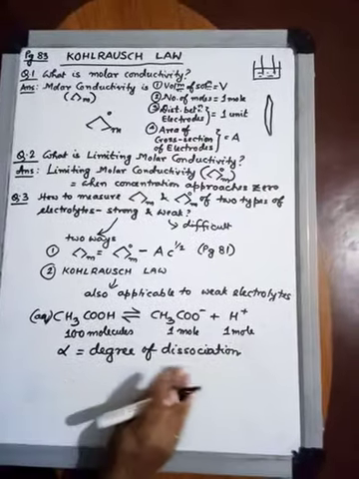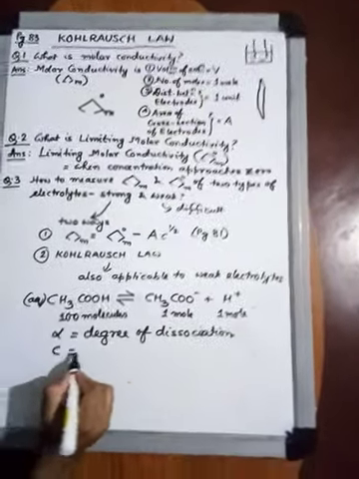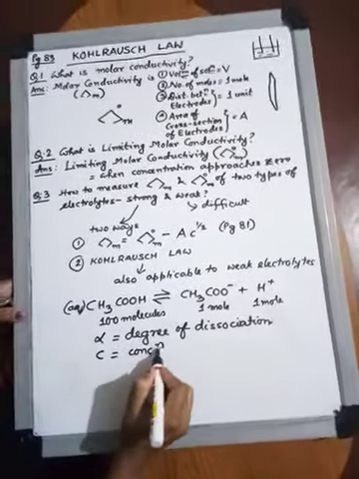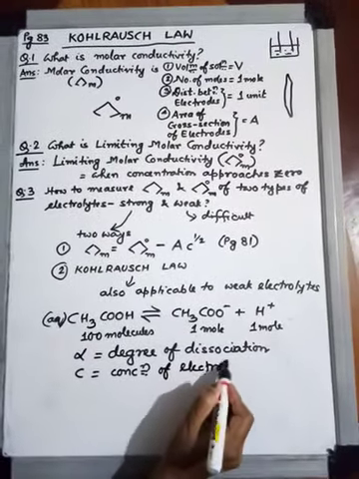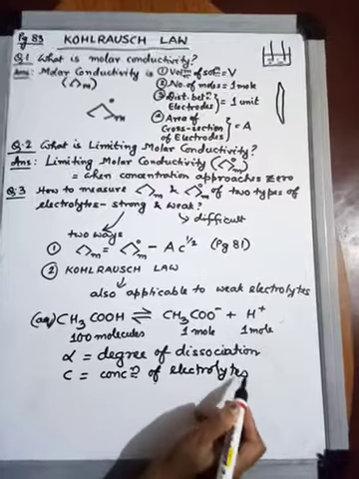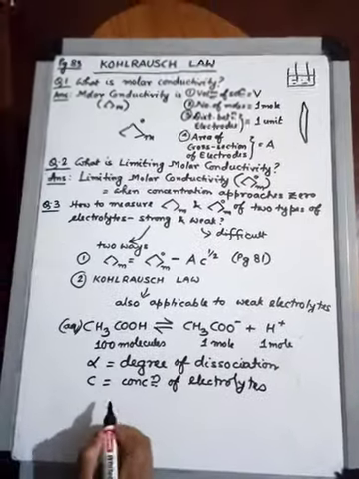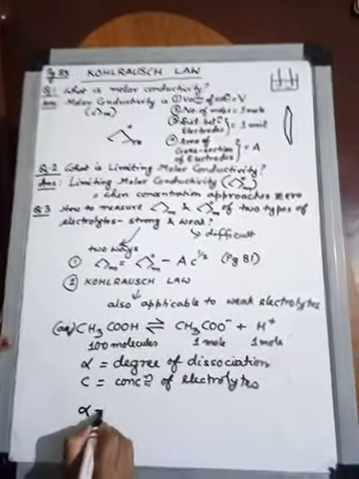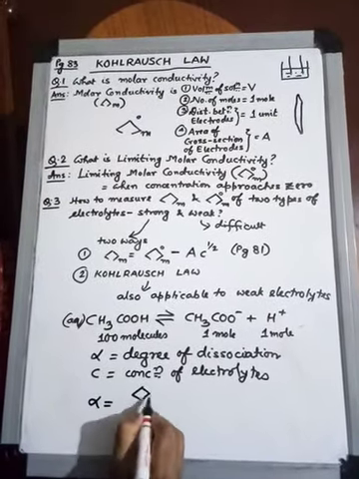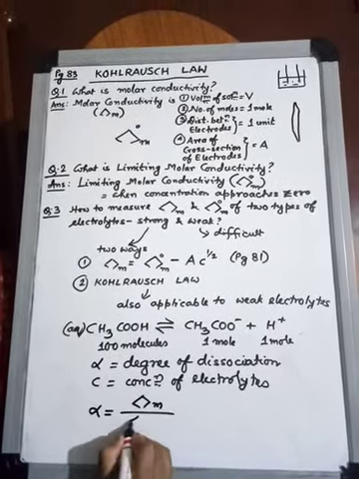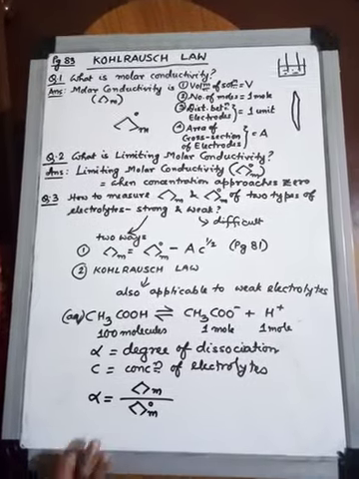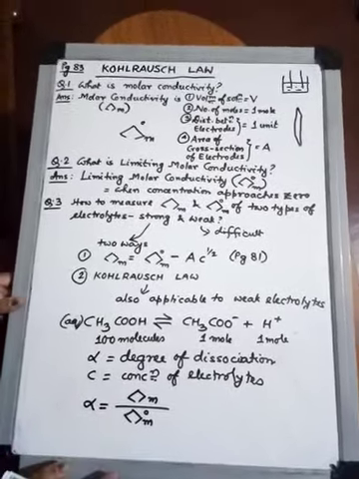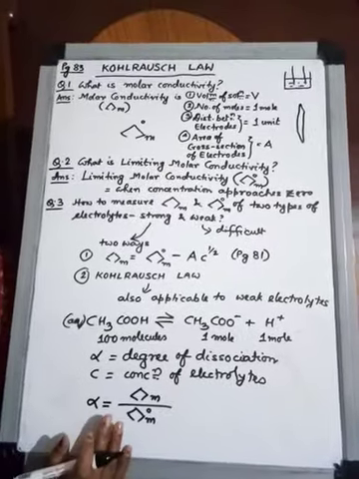Say alpha is the degree of dissociation when C is the concentration of the electrolyte. In page 84 there is a formula for calculating this alpha. Alpha is nothing but lambda m divided by lambda m 0. So this is the way of calculating alpha, the degree of dissociation.